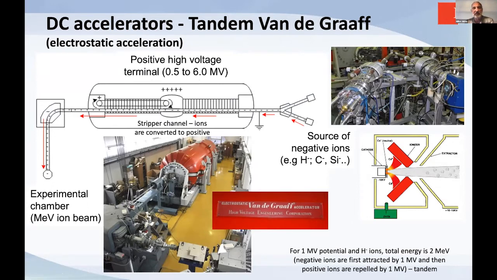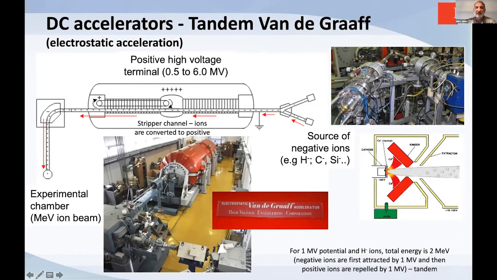hydrogen negative ions. This is done in the easiest way by a beam of cesium ions, which bombard the target containing the elements that we want to accelerate. For instance, if we want to accelerate hydrogen, we use titanium hydride.